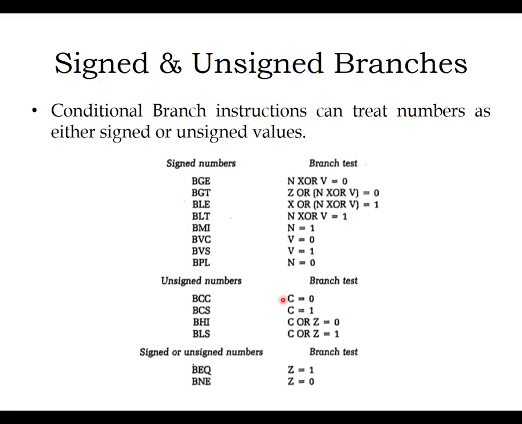If those have the C flag or Z flag, those are designed to work with unsigned numbers. And there are only 2 branches which have only the Z flag in the testing condition. Those are good for any numbers, signed or unsigned. Okay, this is actually good to know.